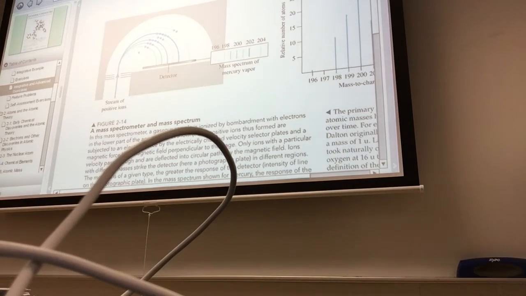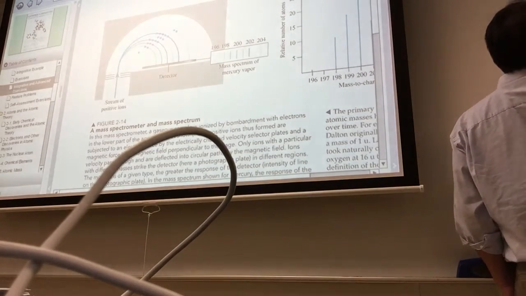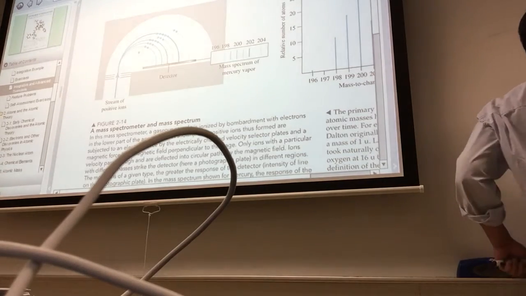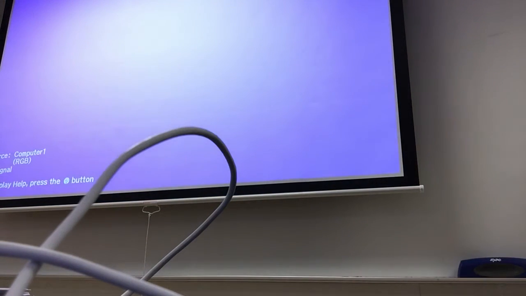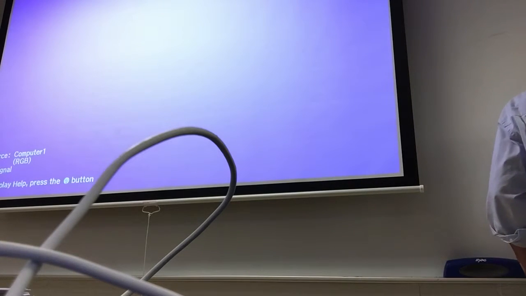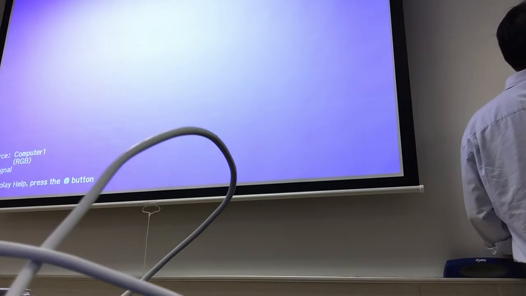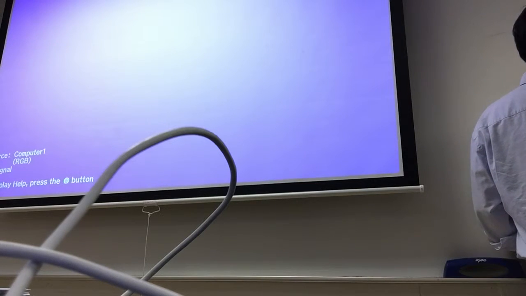Let's talk about that. Okay, in the mass defect, some of the mass of the nucleus was converted into the nuclear binding energy.